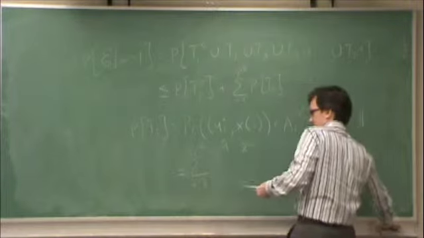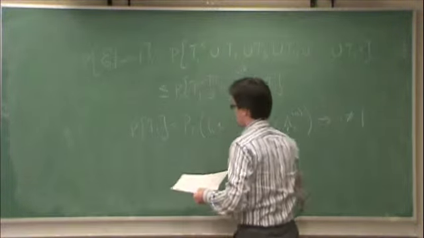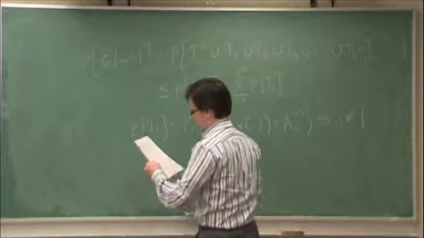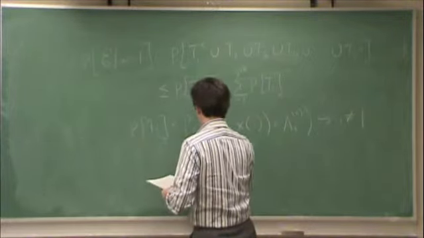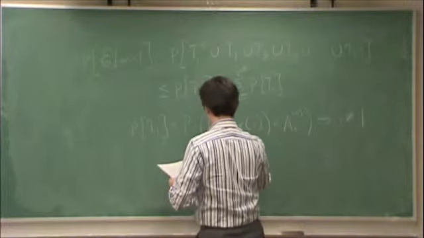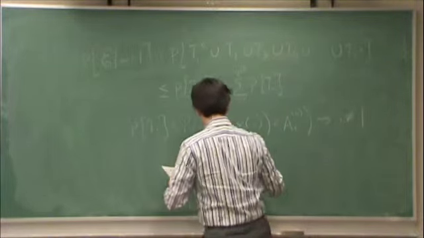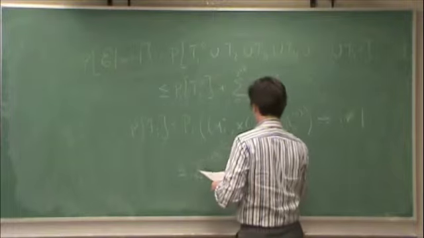I'm not doing the sum just yet; I'm asking what's the probability of Ti. The probability of Ti is less than or equal to 2 to the minus n times mutual information minus 3 epsilon.